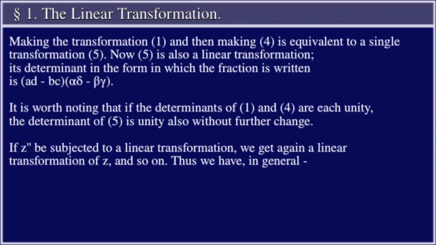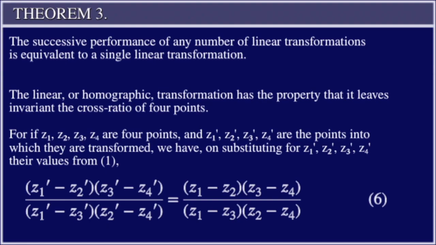If z double prime be subjected to a linear transformation, we get again a linear transformation of z, and so on. And thus we have, in general, Theorem 3: the successive performance of any number of linear transformations is equivalent to a single linear transformation.